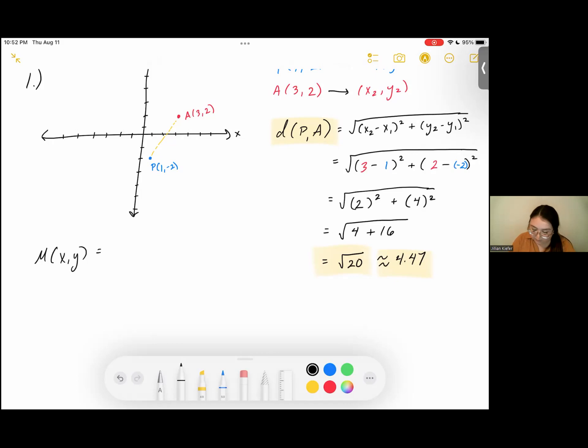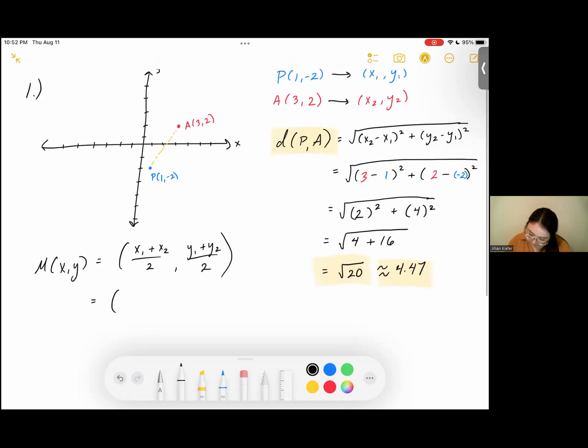And we said that the midpoint formula is going to be x sub 1 plus x sub 2 divided by 2, and y sub 1 plus y sub 2 divided by 2. Now we know what x sub 1 and y sub 1 and x sub 2 and y sub 2 are, so we can just fill in these values.